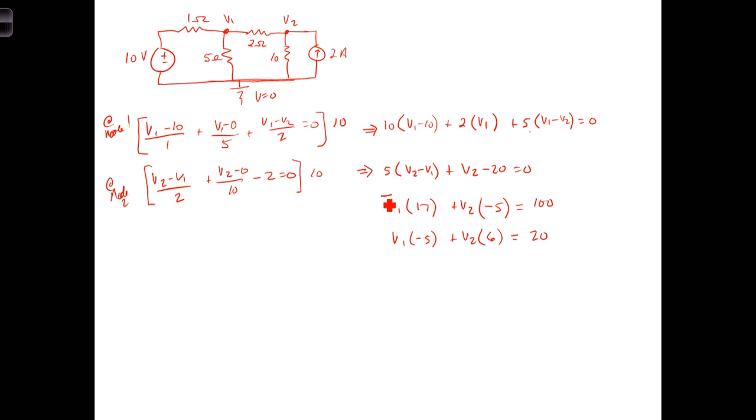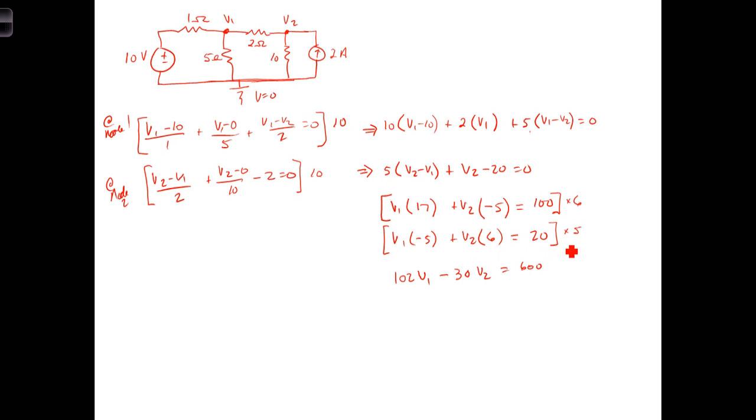So we're going to multiply this equation right here times 6, and this equation right here times 5. And when we do that, we get 6 times 17, that's 102 V1 minus 30 V2 equals 600.